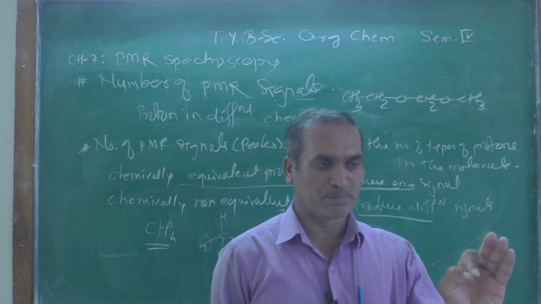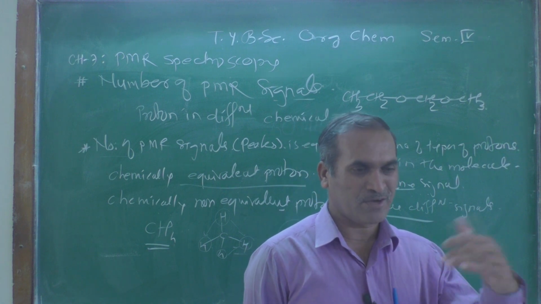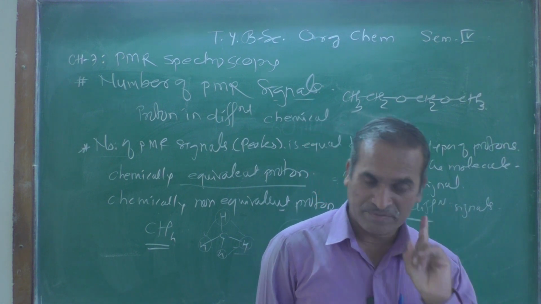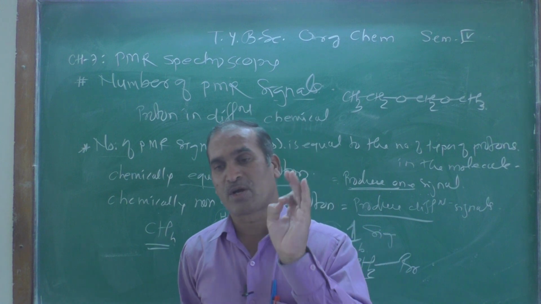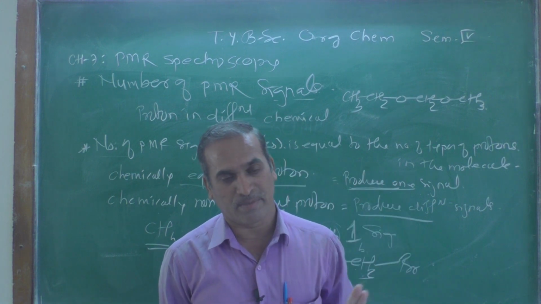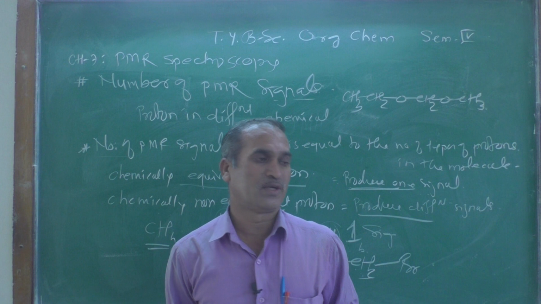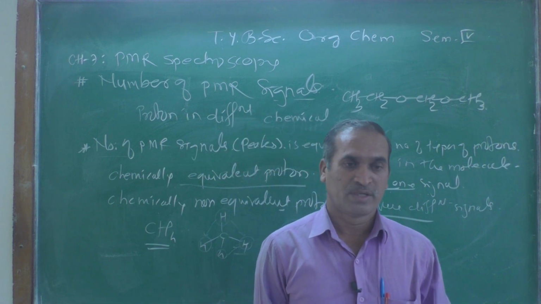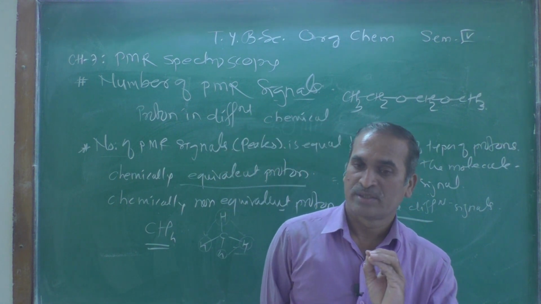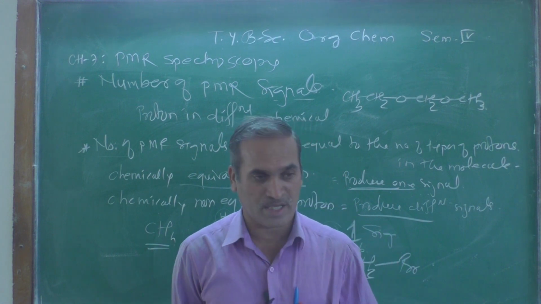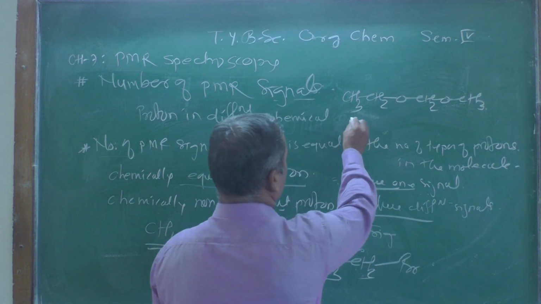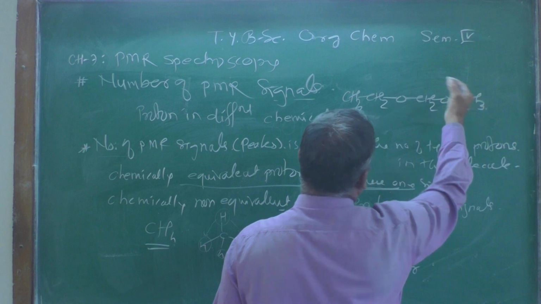The number of signals depends upon the number of types of protons present in the molecule. First of all, you have to find out the number of different kinds of protons present here. Look here, this is a methylene group, this is also a methylene group.